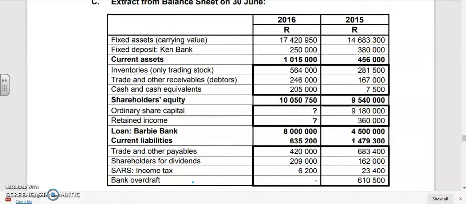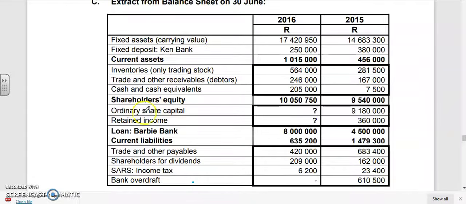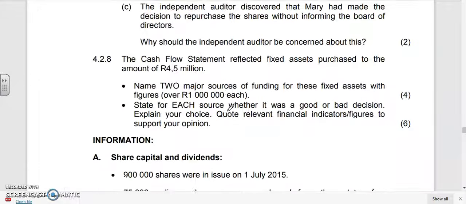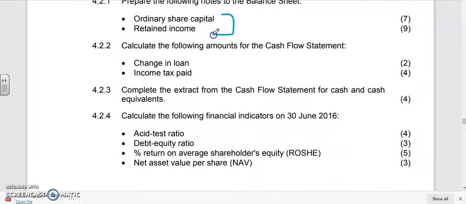So it's going to be 8 million is to shareholders equity. Shareholders equity is made up of retained income and ordinary share capital. There's nothing here because a question earlier in the cash flow asked you to do those two notes, so it doesn't matter as long as they gave us a total.